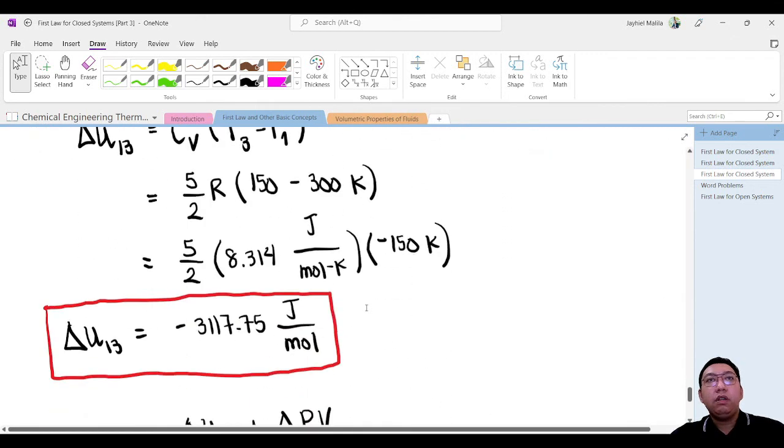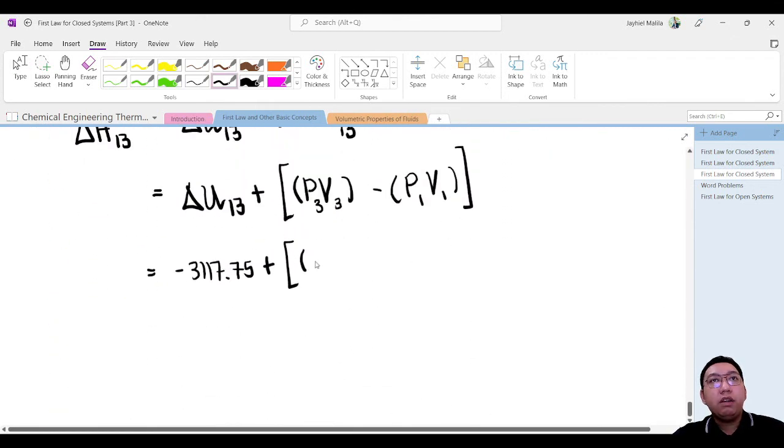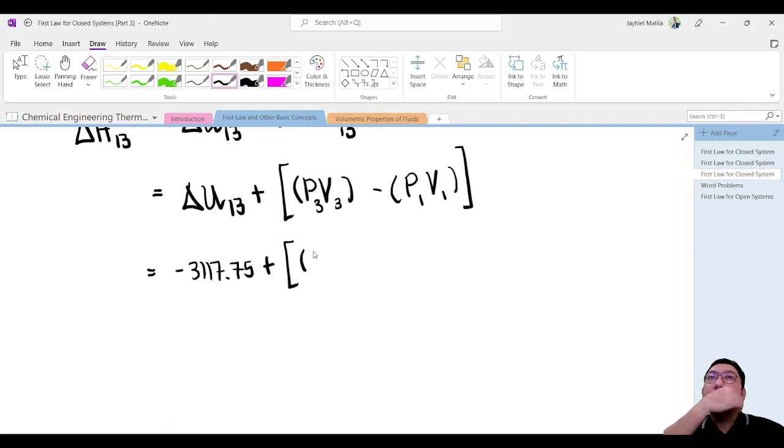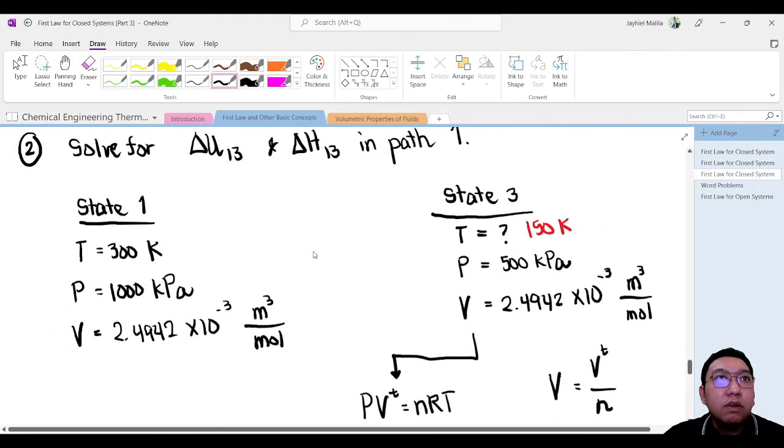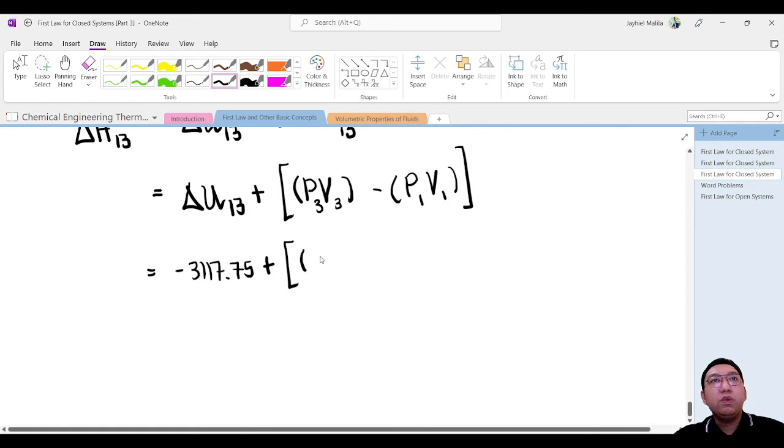500 and then... The volume is just the same for both, right? So we can just extract the value of V for both, because V for both state 1 and 3 is the same, and then we have P3 minus P1.